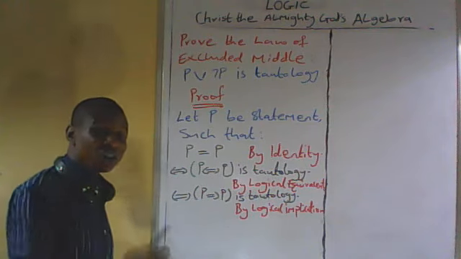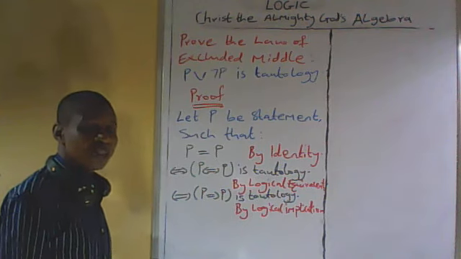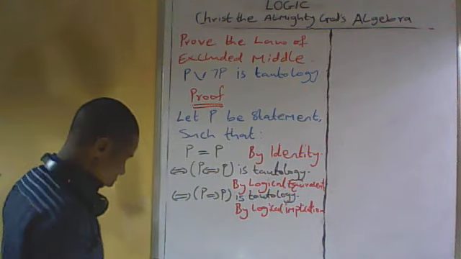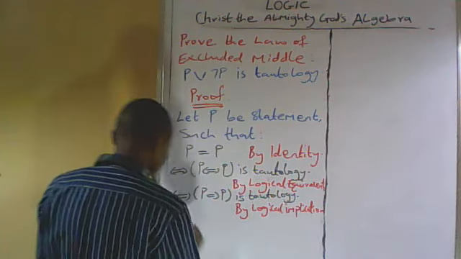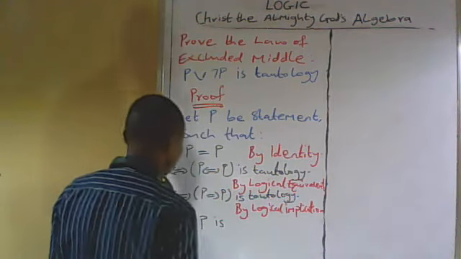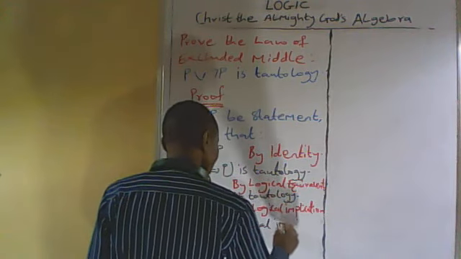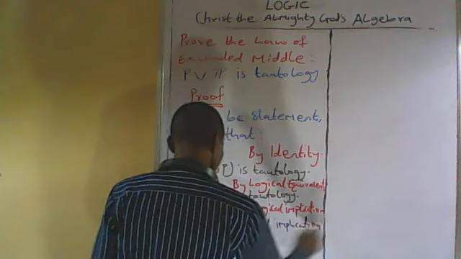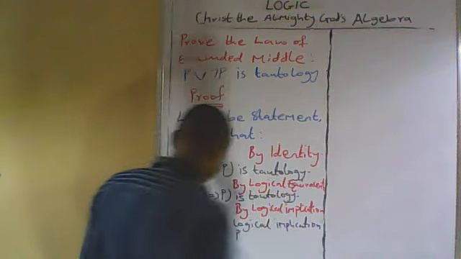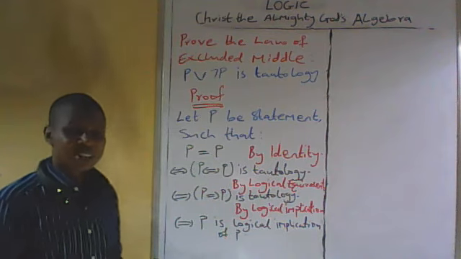If that is the case, you say if and only if P is a logical implication of P. If P is, that means P is a logical implication of P. You have now derived that P exists.